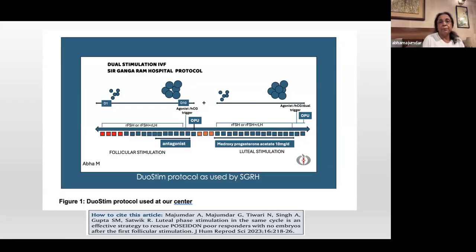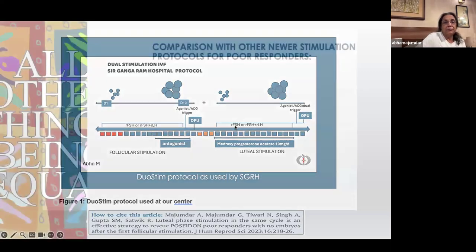By giving her MPA, we are making sure that she follows the PPOS protocol, where this progesterone will blunt her LH surge and will not let the surge come till we've given her trigger. Whatever you want, you can give here: agonist, HCG, or dual trigger. Everything should work for her, and then we do the OPU again.